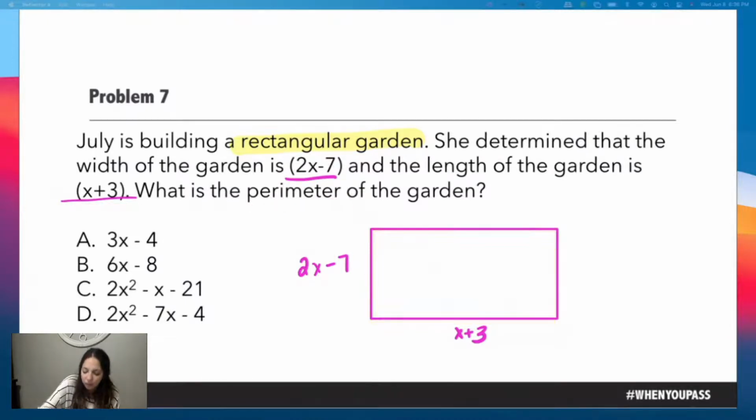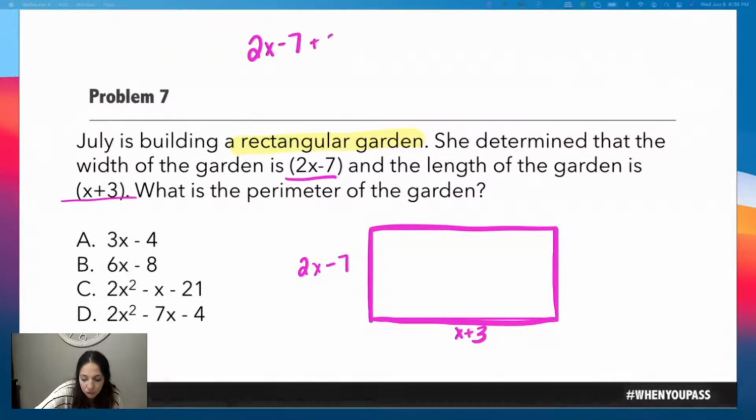So if I'm finding the perimeter, I'm doing 2x minus 7 plus x plus 3, and I'm not going to stop there. Plus, what is this? 2x minus 7 plus, what is this? x plus 3. So I'm going to do 2x minus 7 plus 2x minus 7 plus x plus 3 plus x plus 3 equals perimeter.